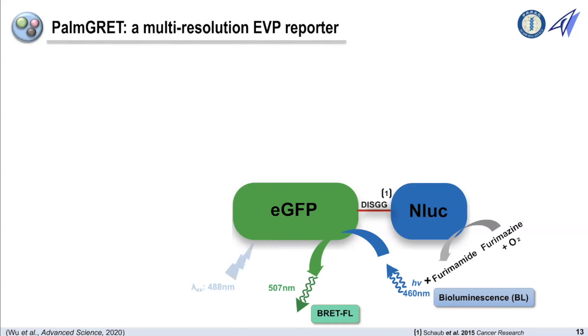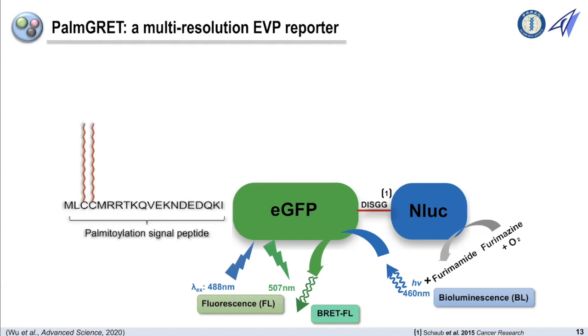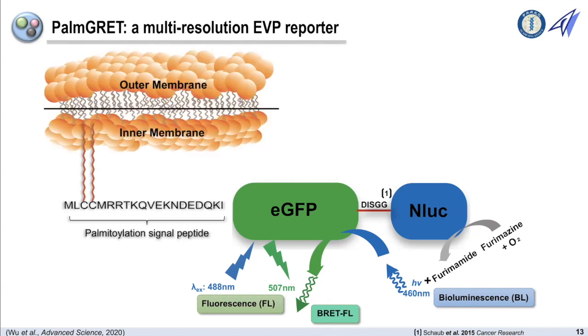The third modality is to directly use an external light source to excite the EGFP to have the fluorescent signal. And not only that, we fuse a palmitoylation signal peptide to the N-terminus of this BRET pair. After post-translational modification, palmitic acid is attached to the cysteine of the palmitoylation signal peptide. After that, it will insert into the inner membrane of the cell.